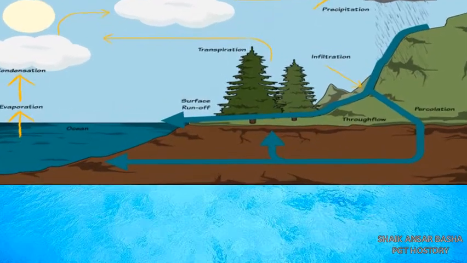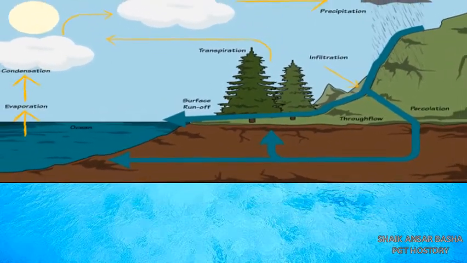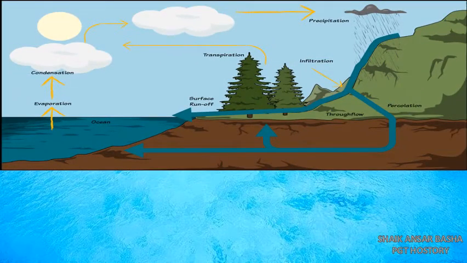This is what we call the water cycle or hydrological cycle. The water cycle is a process in which water gets evaporated, becomes water droplets after condensation, and again comes down to earth in the form of precipitation. Three processes are involved in the water cycle.